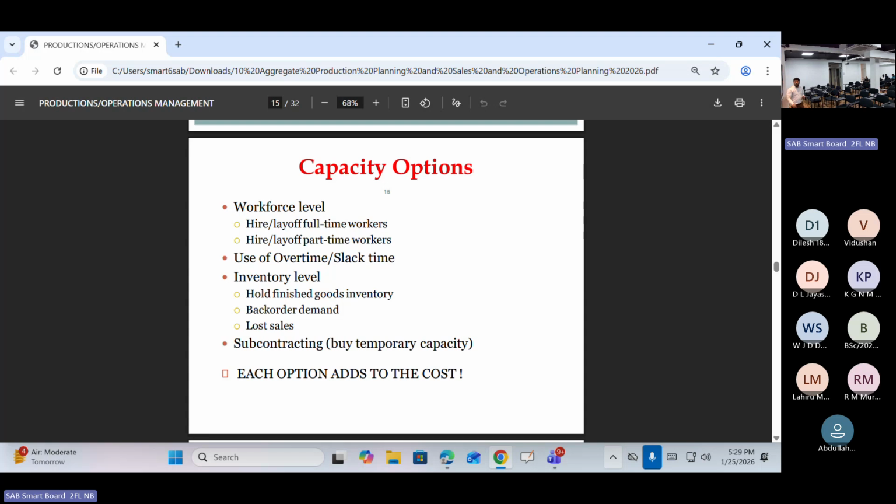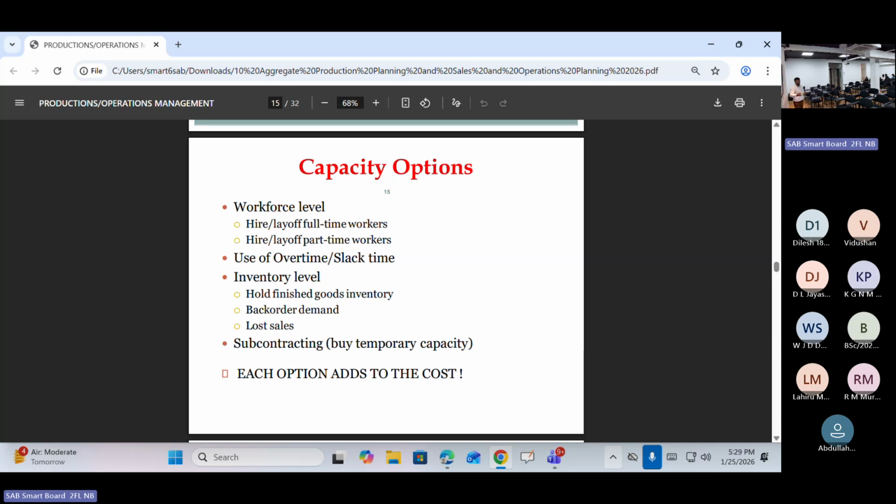And the existing workforce can be used for overtime. You know the meaning of overtime, OT. Normal time may be 8 hours per day, but the same staff will be used for another 3 additional hours of overtime, at a higher rate, to increase the capacity temporarily and thereby meet the production targets.